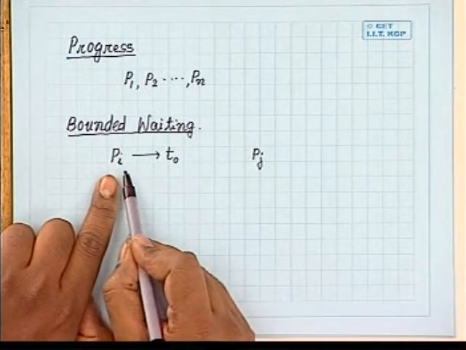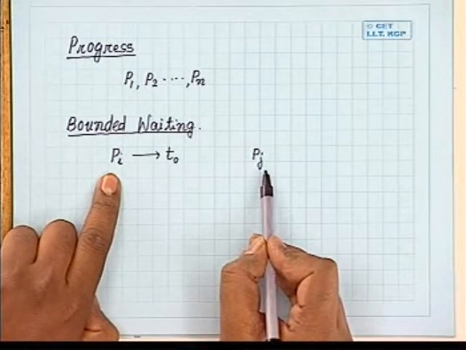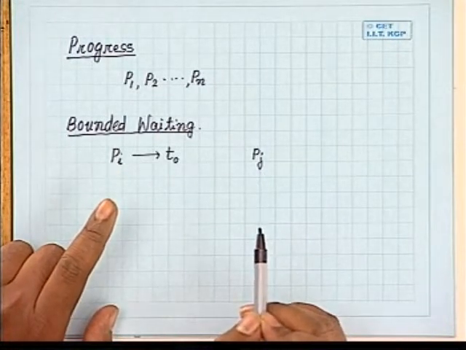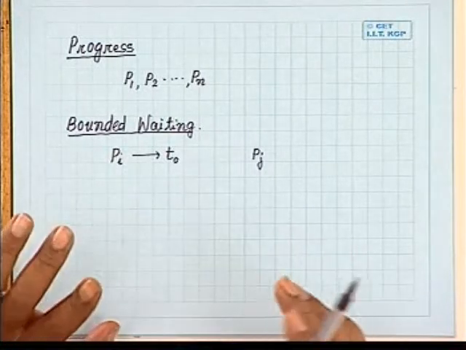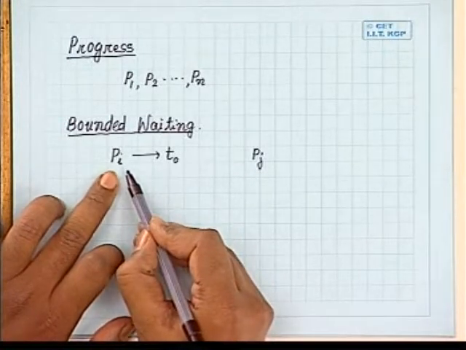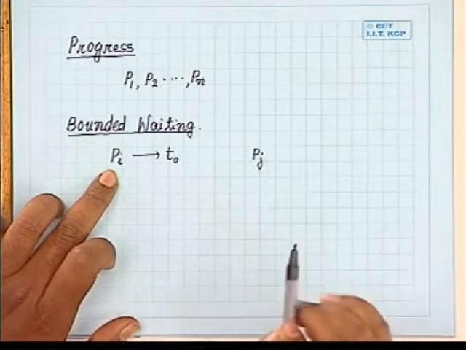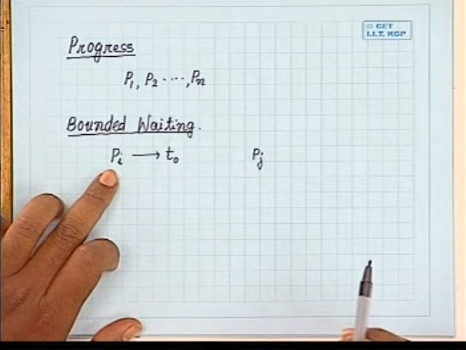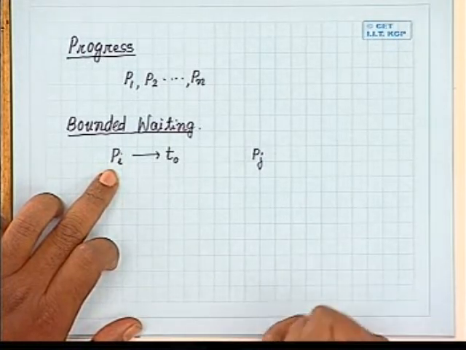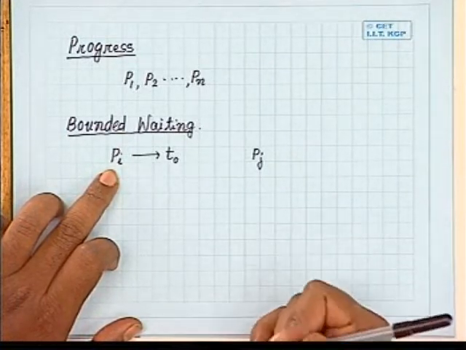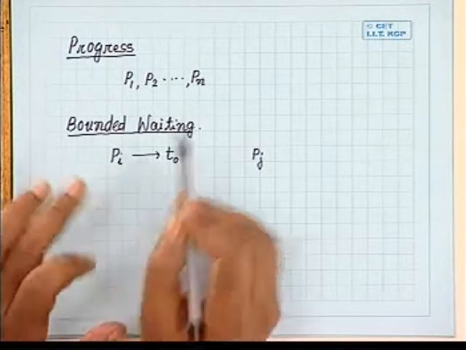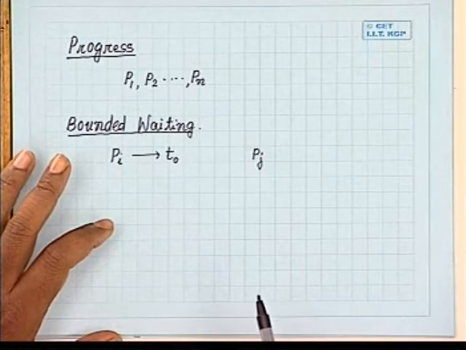So now I have a situation that Pi and Pj, both of them are in the same state because both of them want to enter the critical section. Now the scheduler has to decide which one will enter the critical section. So it may so happen that instead of Pi, it is the process Pj which enters the critical section again. And this may go on indefinitely. That is, Pj comes out of the critical section, enters again, comes out, enters again, and Pi is kept on waiting for entry into the critical section.